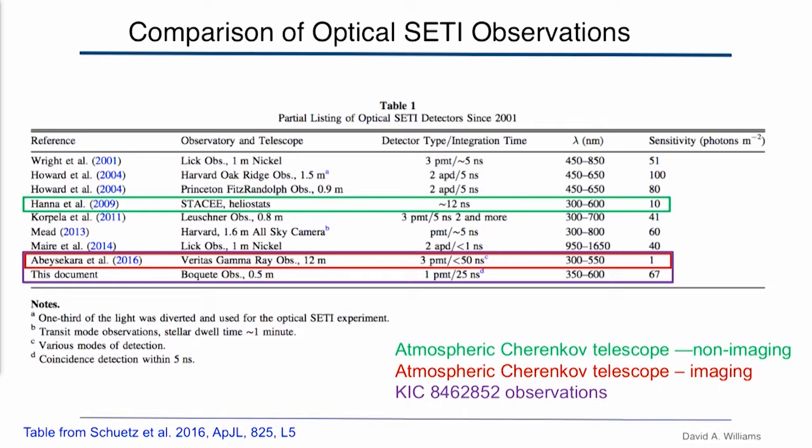The Stacy experiment, which used the heliostat field of the Solar Research Facility at Sandia National Laboratory, was a non-imaging atmospheric Cherenkov telescope and achieved a sensitivity of about 10 photons per square meter. And finally, Veritas, the imaging atmospheric Cherenkov telescope, is reaching a sensitivity of 1 photon per square meter. These final 2 rows in the table are observations that were specific to this Kepler star 846-2852.